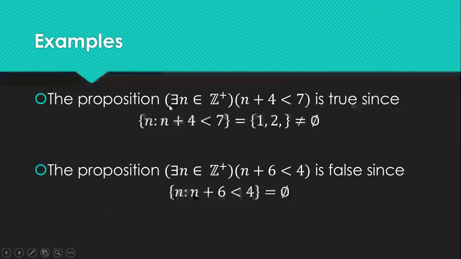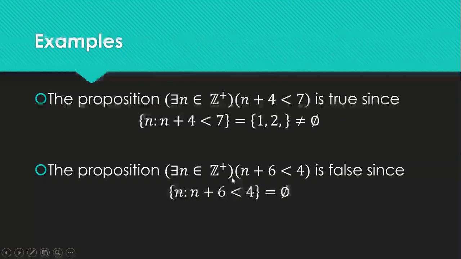Now, let's move to the second example, which states that there exists a certain n, or for some n, that is an element of the set of positive integers, n plus 6 is less than 4. This is a false statement. Why do we say so?